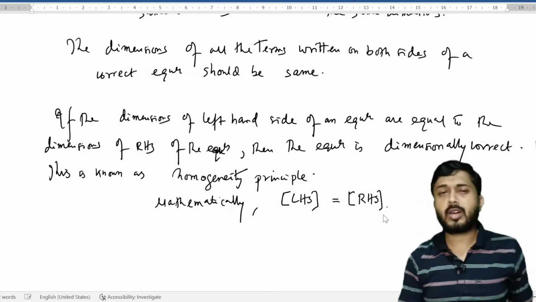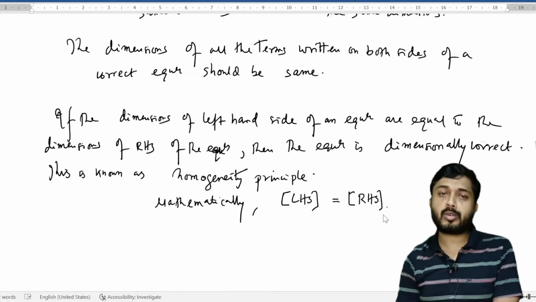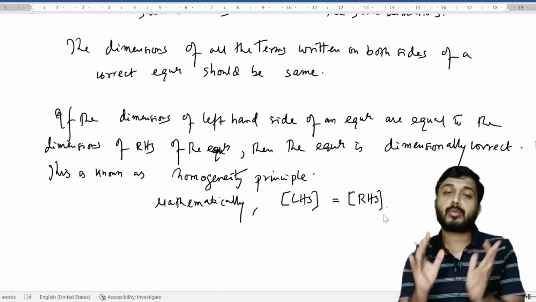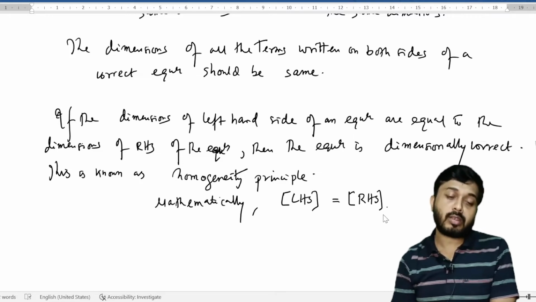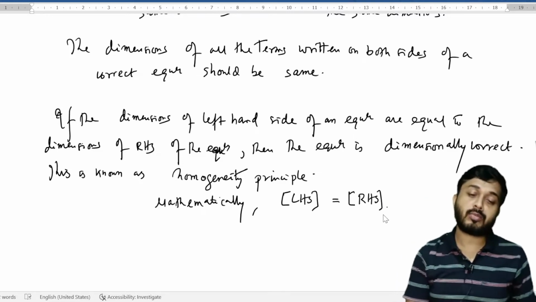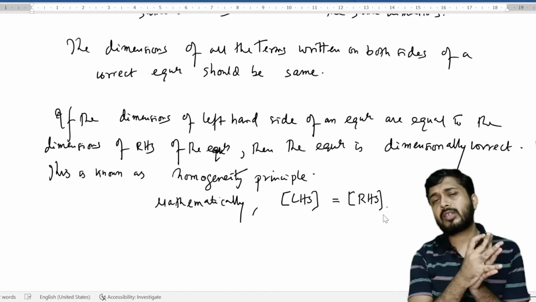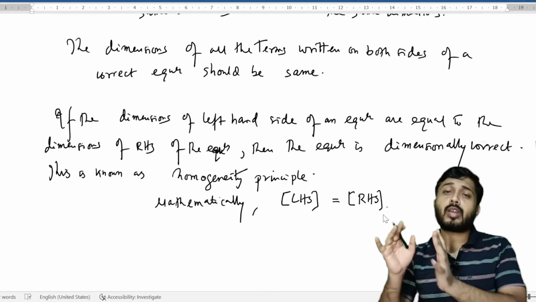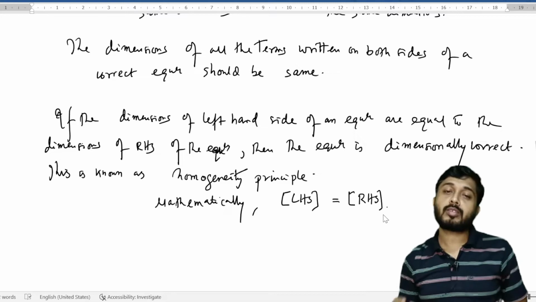That is how we write the dimensional formula. In the first video, I told you elaborately that dimensions are written within the box bracket. So the dimensional formula of LHS is equal to the dimensional formula of RHS, or the dimensions of all the terms involved in the LHS of a correct equation are supposed to be equal to the dimensions of all the terms involved in the RHS of the same equation.